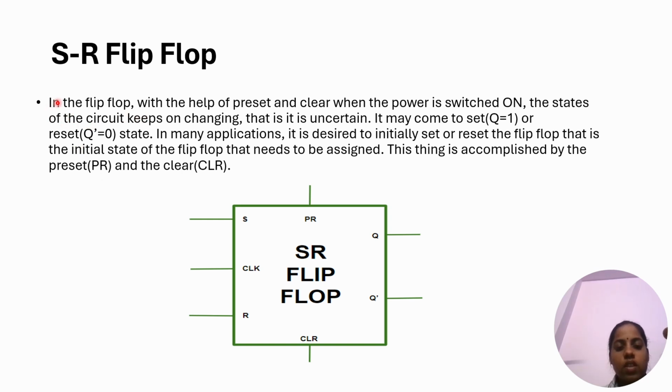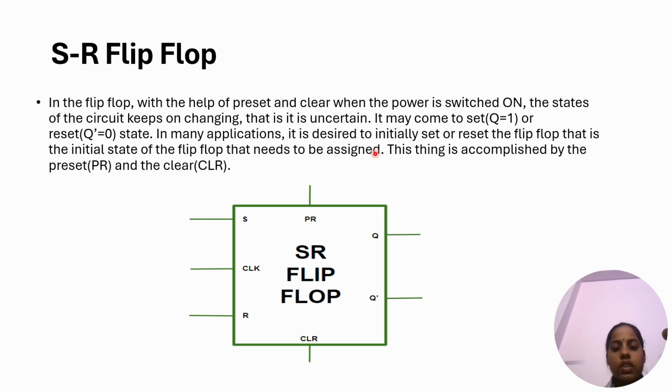We have to see the operation of the SR flip-flop. In the flip-flop, with the help of preset and clear, when the power is switched on, the states of the circuit keep on changing. It is uncertain. It may come to set, Q equal to 1, or reset, Q bar equal to 0 state.